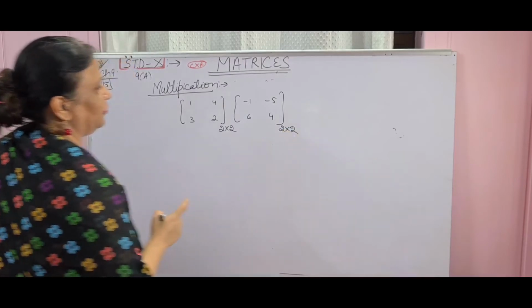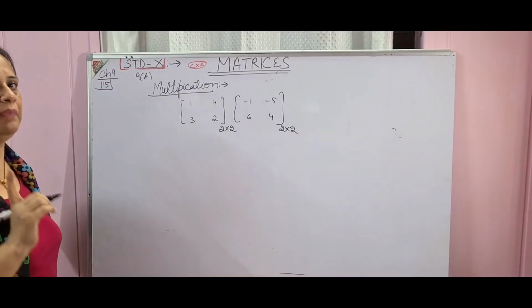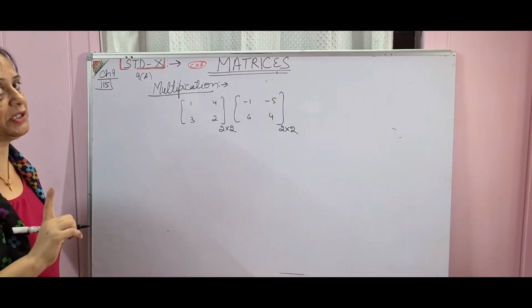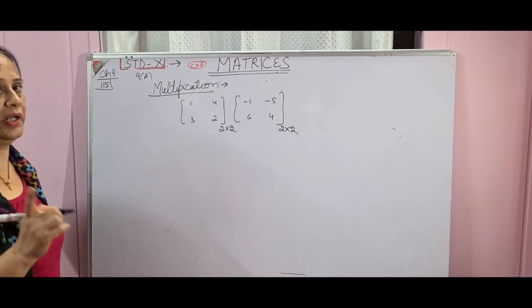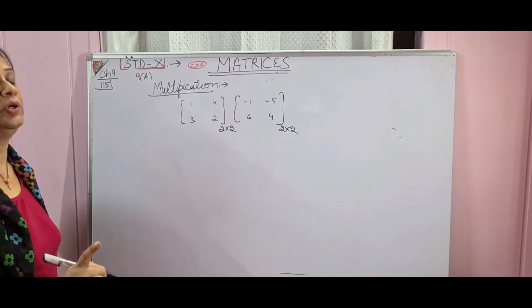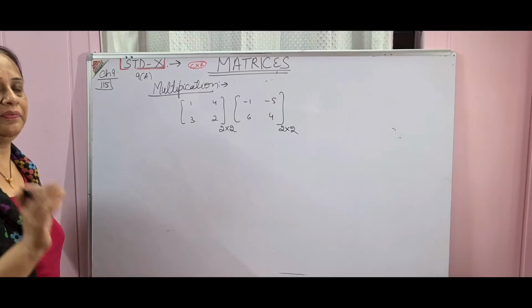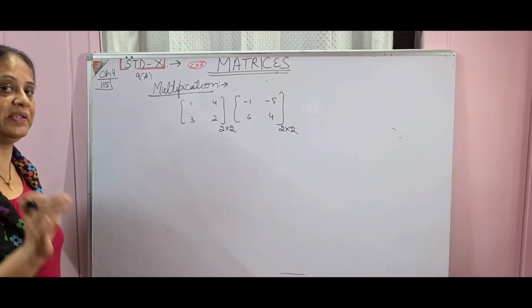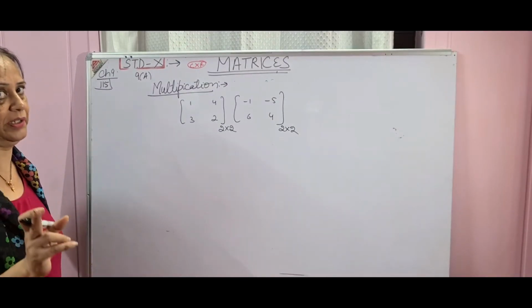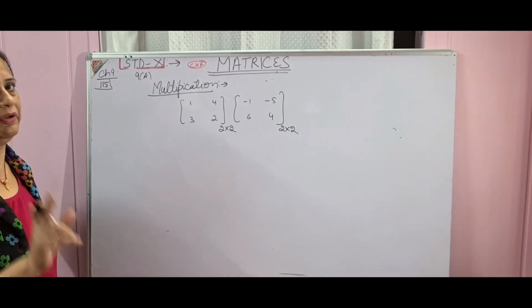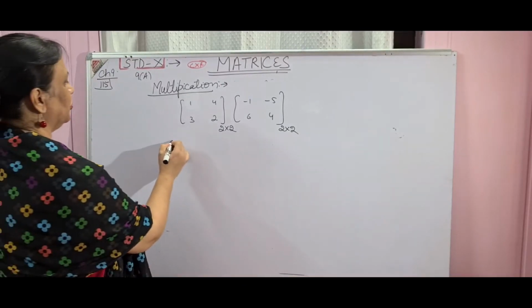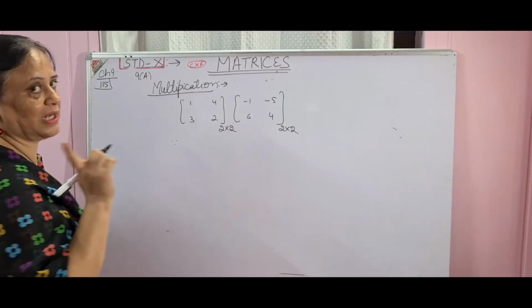Now let me tell you the first important thing: in matrix multiplication it is not necessary that your order has to be the same. It can be different also. If the matrix order is different, then also you can multiply. Children, put it in your minds, because here we follow one rule. This rule is to be written everywhere before you start the multiplication.